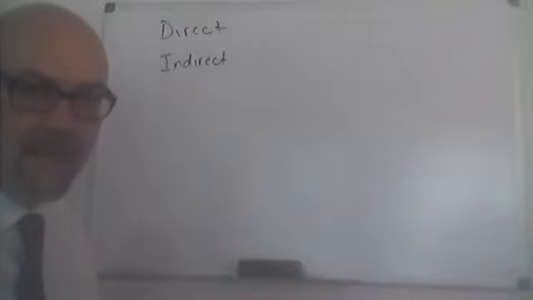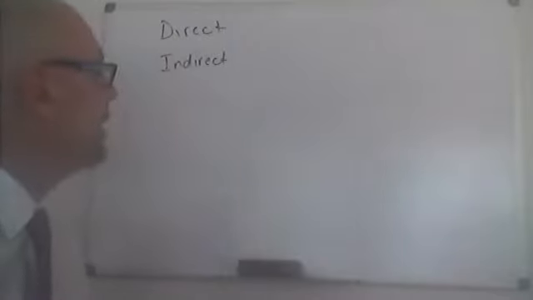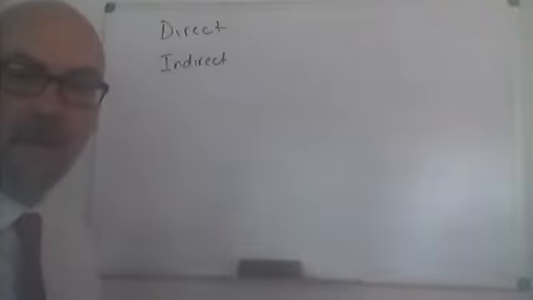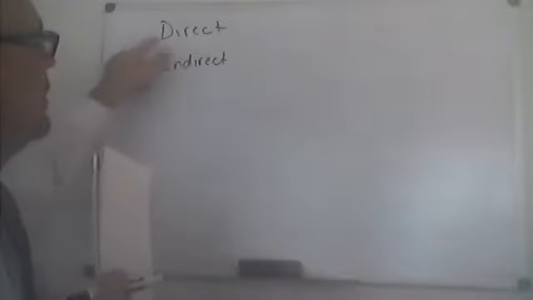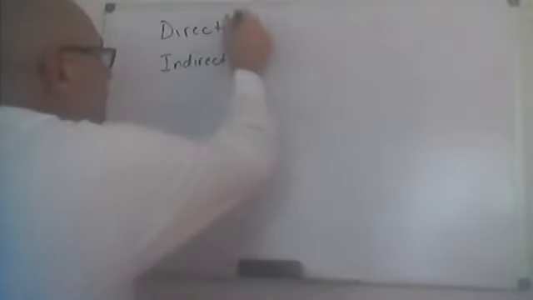There's the direct method and the indirect method. Okay. You remember when we do accounting, we're doing accrual accounting for our income statement and our balance sheet and everything. Okay. The opposite of that would have been cash accounting. That is what the direct method involves.